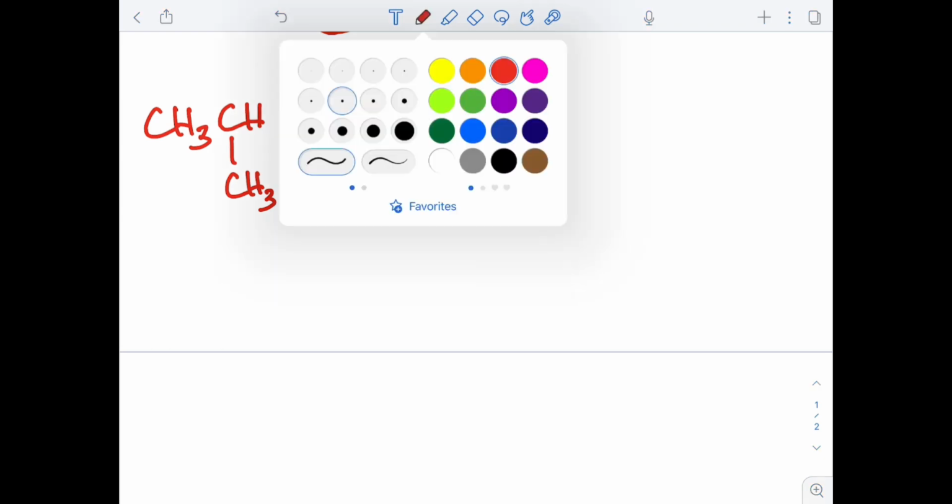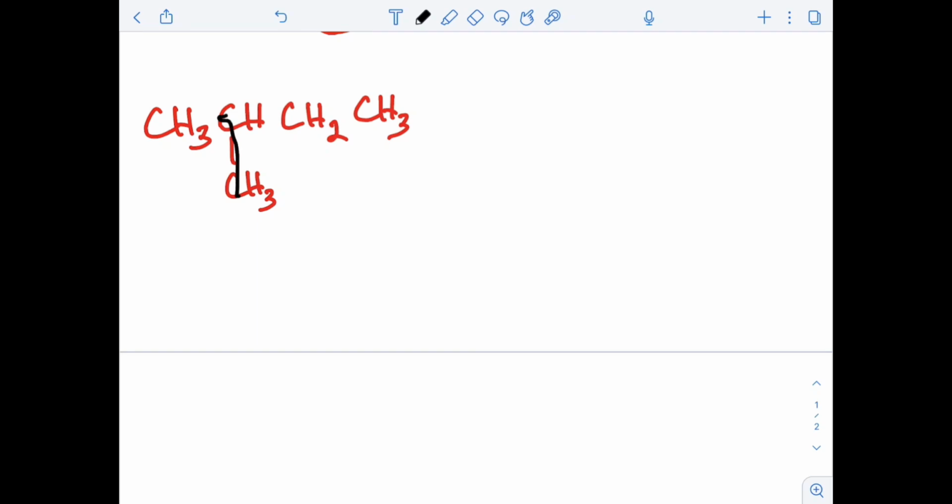How would you name this compound? Okay, so this can often get students confused at first because technically the longest continuous chain can be either this direction or this direction. Either way, you are going to have a methyl group at the number 2 carbon.